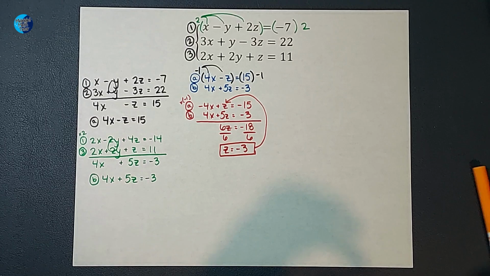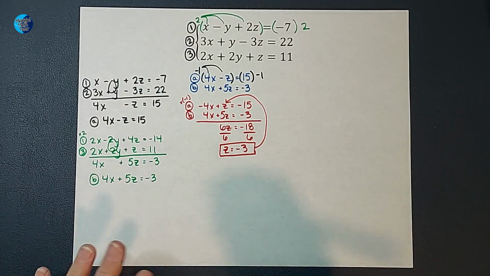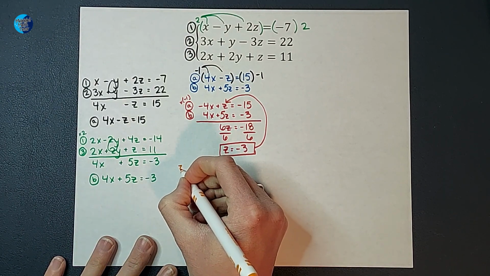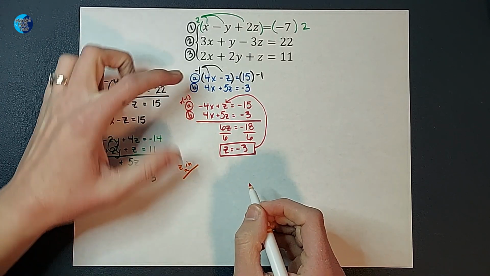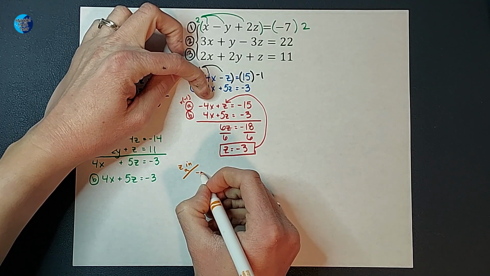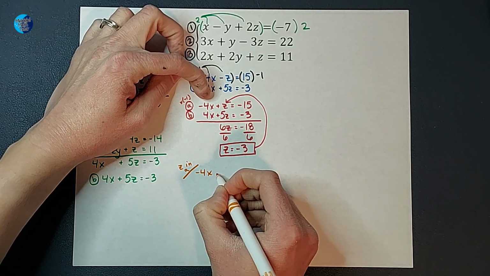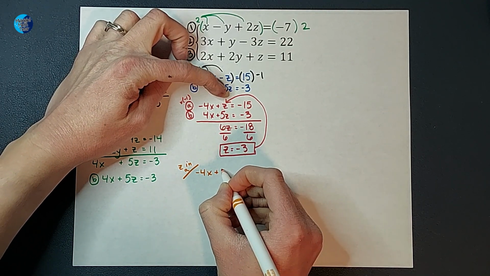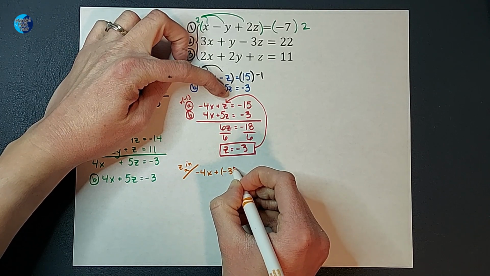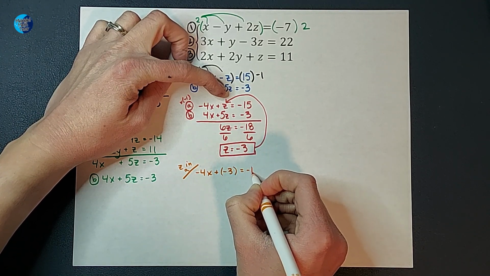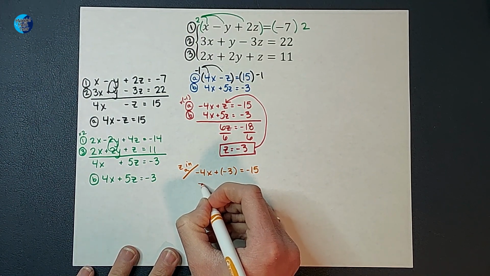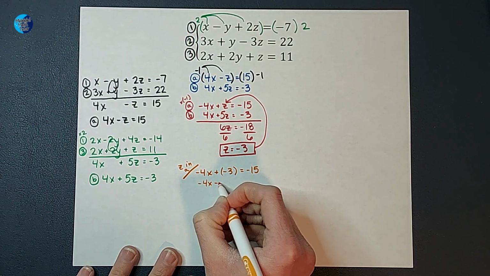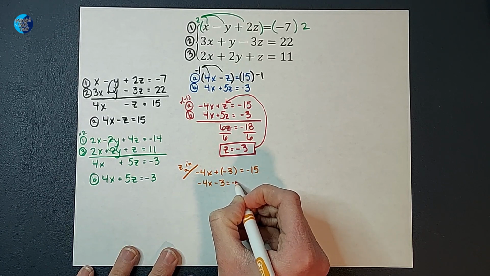So we are plugging z into a. That's my little note to myself. So we've got -4x plus z, which happens to be a -3, equals -15. All right, so we could rewrite this just as -4x minus 3 equals -15.